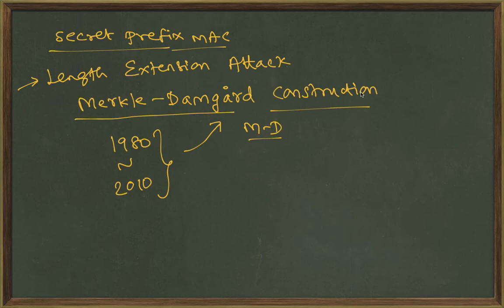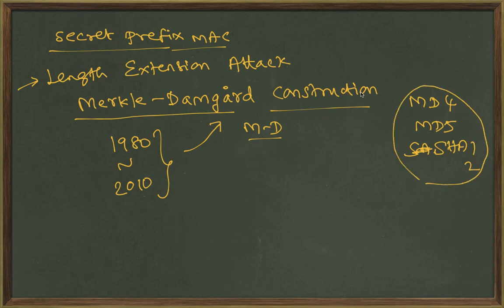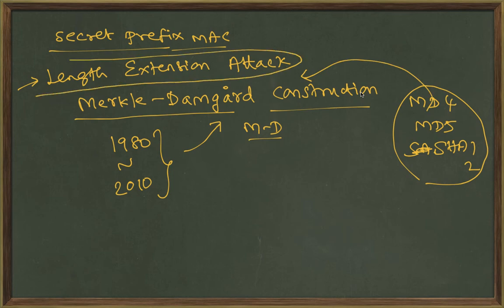The popular MD4 algorithm, MD5 algorithm, SHA-1 algorithm, SHA-2 algorithm, all these algorithms are basically using the so-called Merkle–Damgård construction. So the length extension attack is possible if you are using this Merkle–Damgård construction in your hash function.